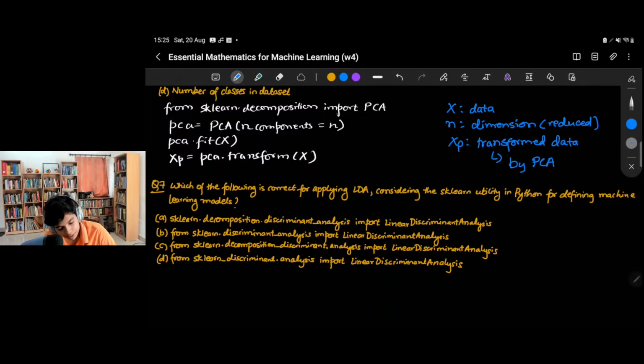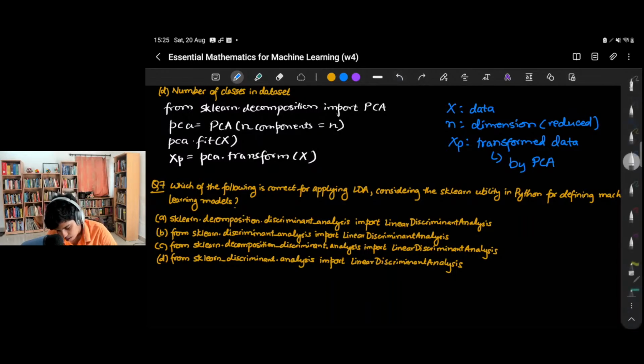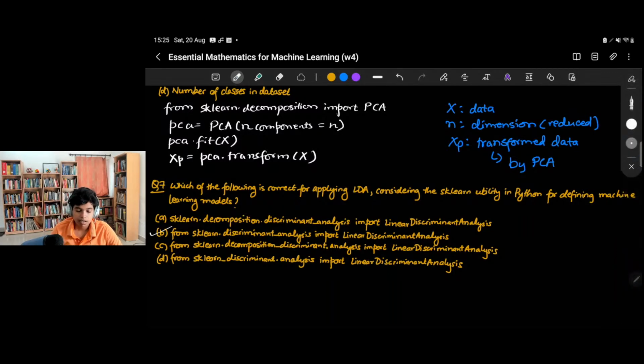The correct option is option number B, which is from sklearn.discriminant_analysis import LinearDiscriminantAnalysis.